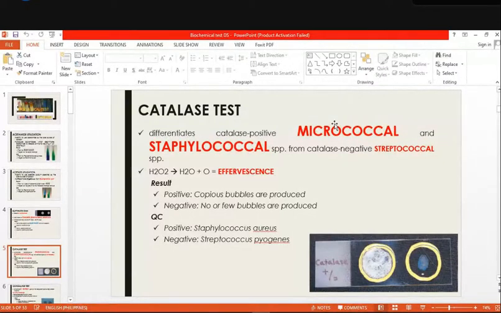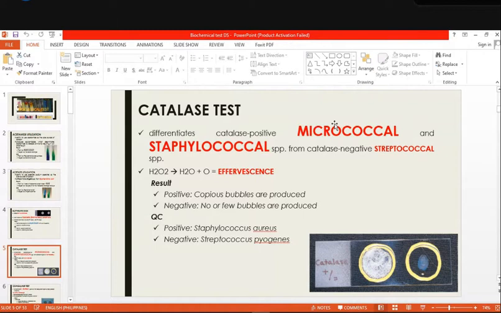Okay? So that, ang positive control natin dito when we're talking of catalase, anong positive control natin? Di ba sabi ko kanina, differentiating your gram-positive cocci. Your positive control would be your Staphylococcus aureus. Negative control natin would be Streptococcus pyogenes. Okay, so dalawa na ang enzyme ninyo.